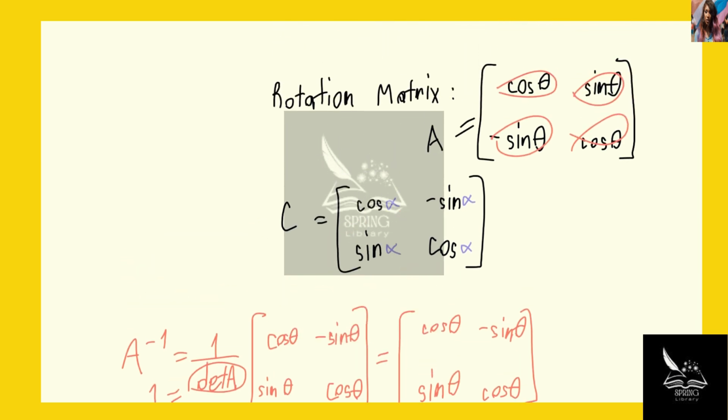And now we can also see that A is the matrix C with this alpha being negative theta.